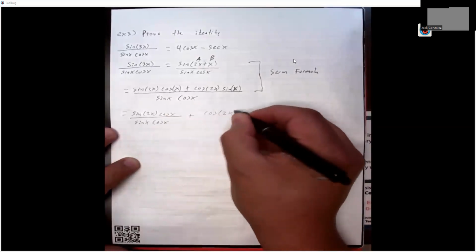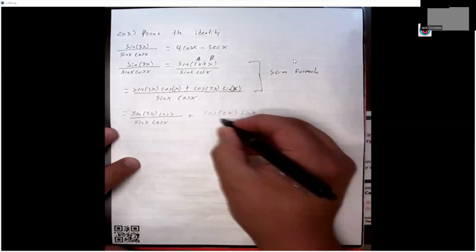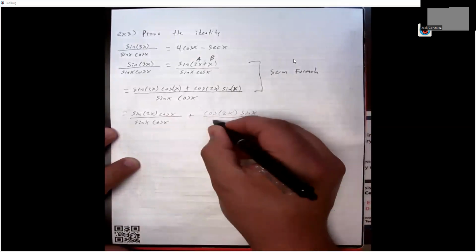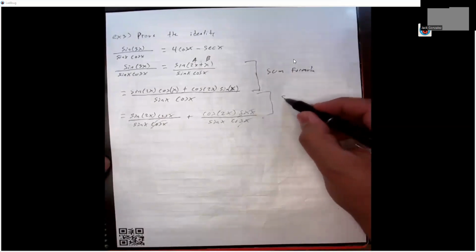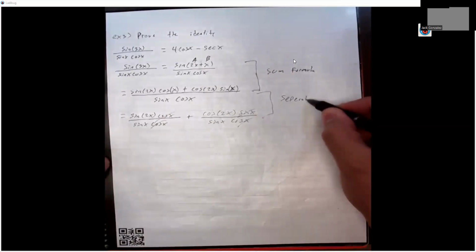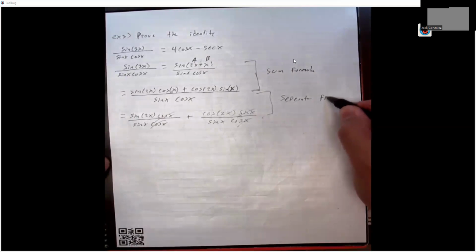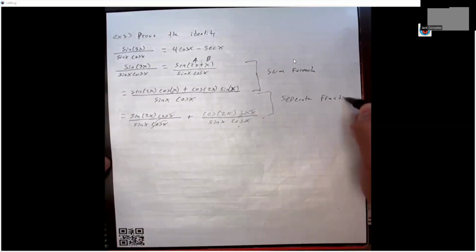Okay, so now I'm here. At this point, you can cancel stuff. Notice you got cosines and sines right here. All I did was separate the fraction.